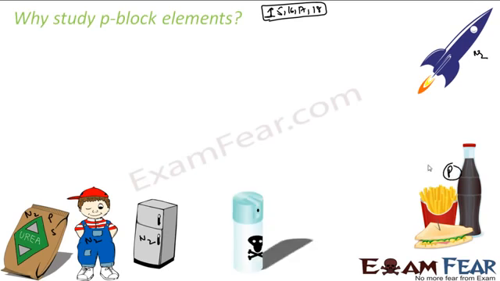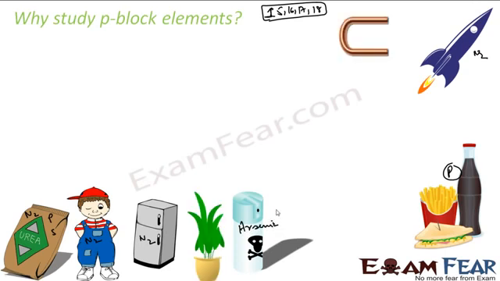That is also a P block element. You want to make insecticides, weed killers, so here we use arsenic, and arsenic is again a P block element. In alloys we use antimony a lot. Antimony is a P block element.